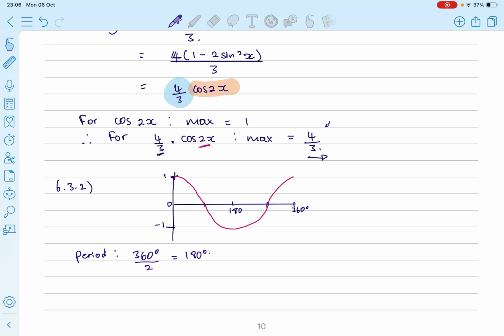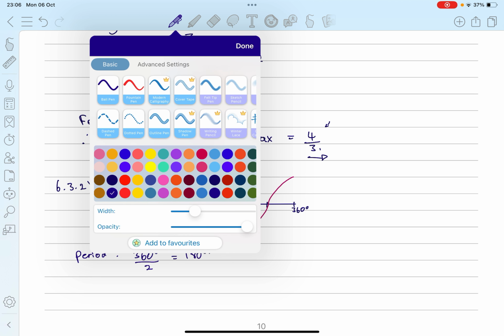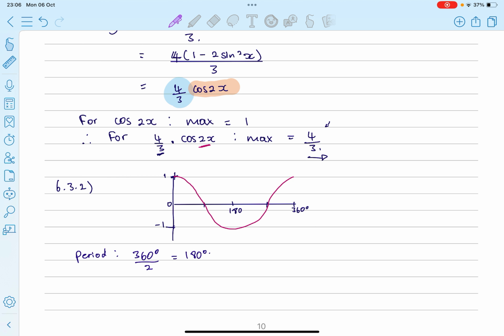So our function is now sort of smaller and slightly taller. Let me pick purple. Firstly, our period is now 180, so we have a full wave at 180.